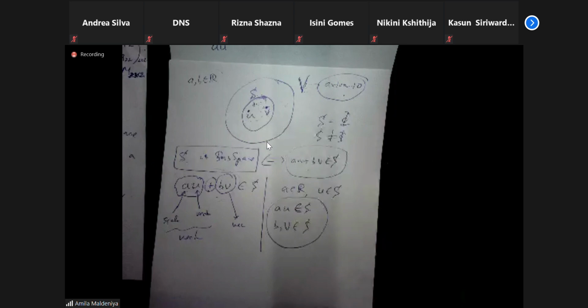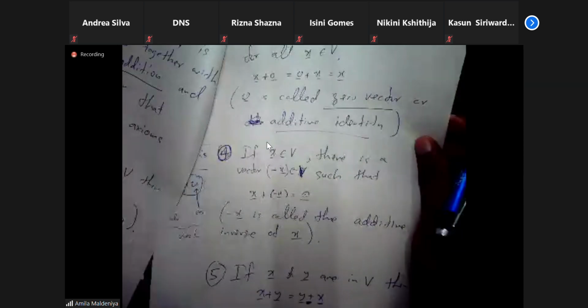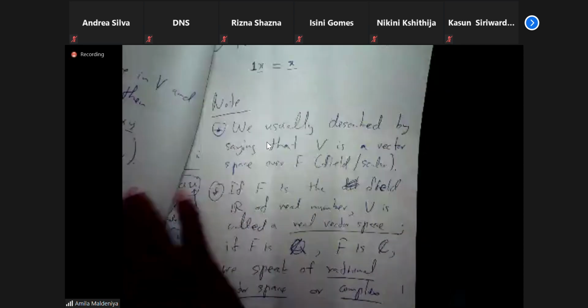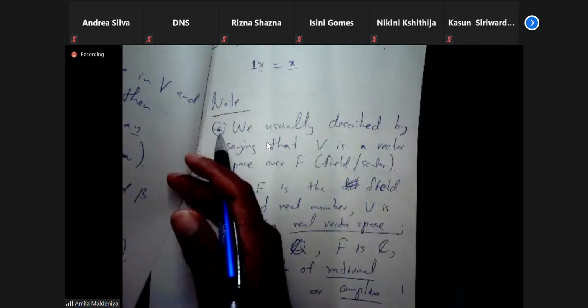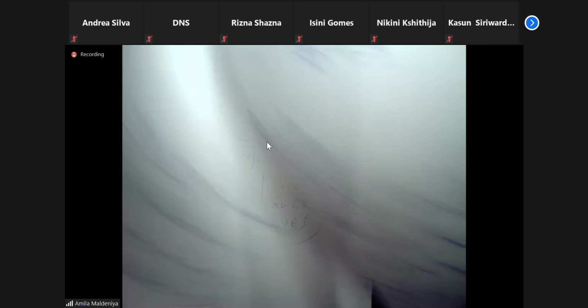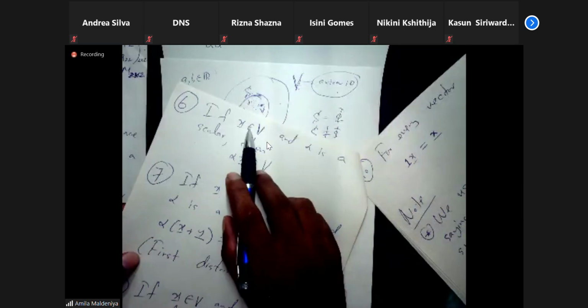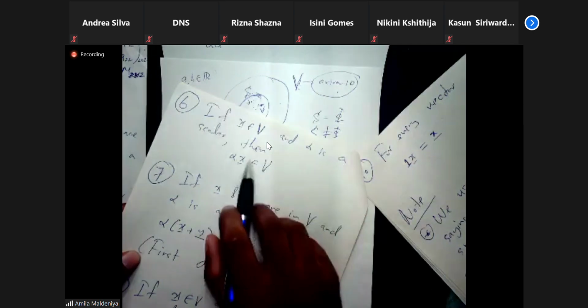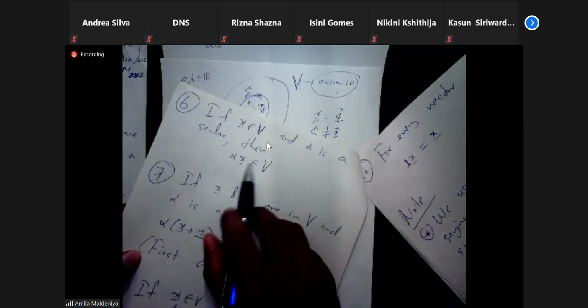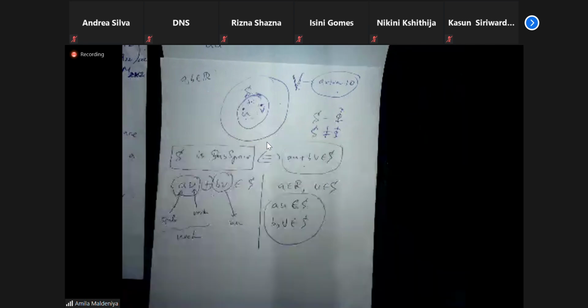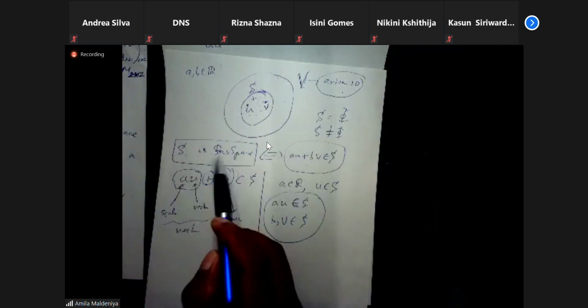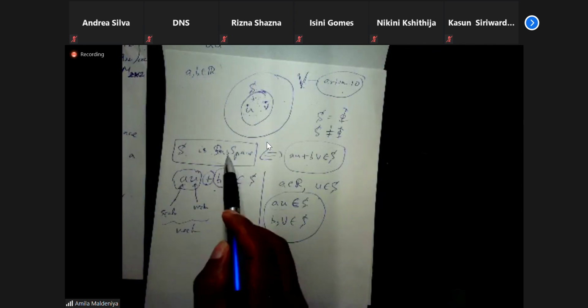If you want the property which I'm saying, scalar multiplication is closed, it means property number 6. You see, if x is in V and lambda is a scalar, then the scalar multiplication is also in the V. Now we are taking S to be a vector space. Subspace means a vector space. So we are assuming that one.